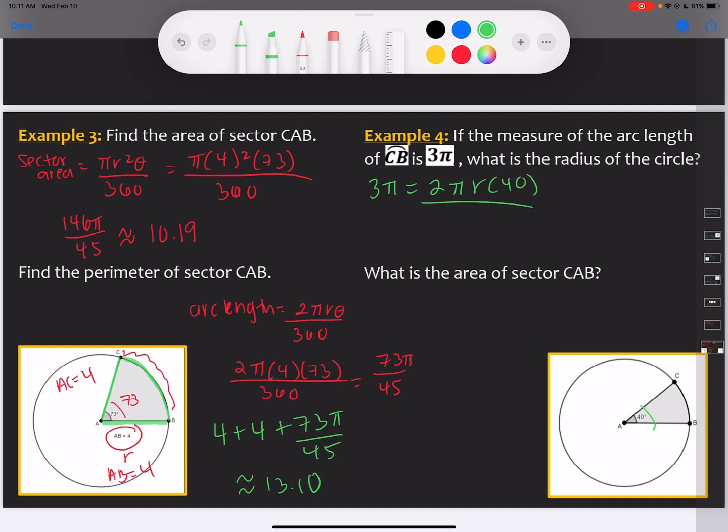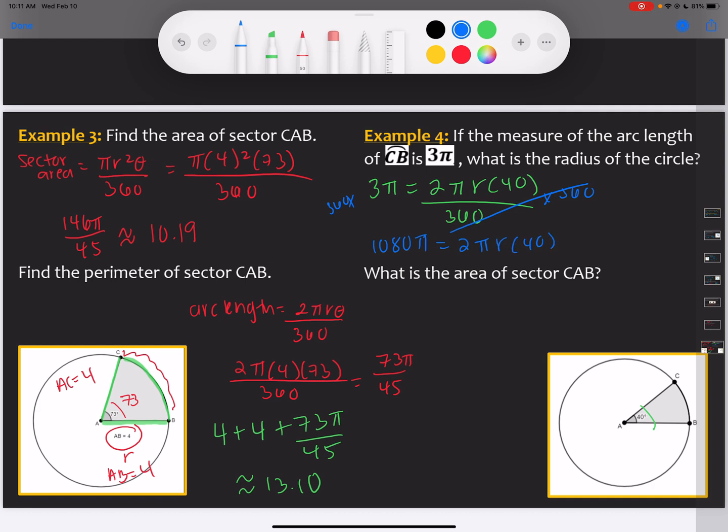I'd have to give you at least one of them to solve and work backwards. All right, so from here, this is kind of like working backwards, a little bit tricky. I'm going to multiply by 360 on both sides. That's going to cancel out the denominator on the right side. So 360 times 3 is 1,080 pi equals 2 pi r times 40.